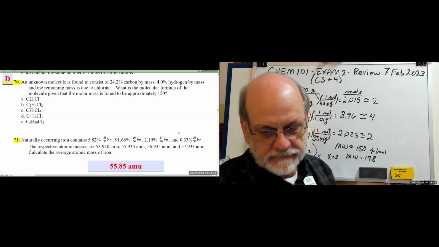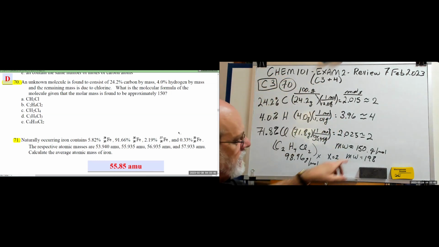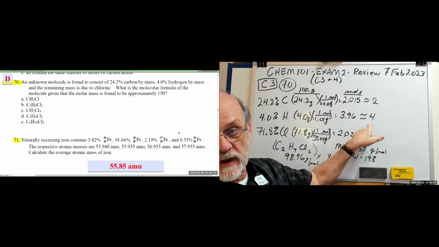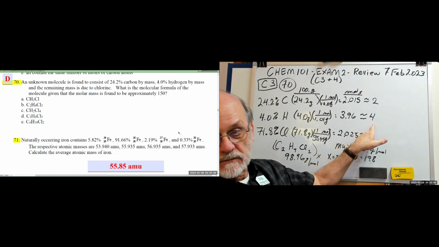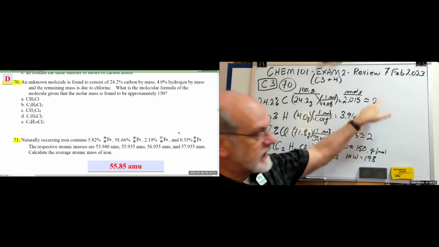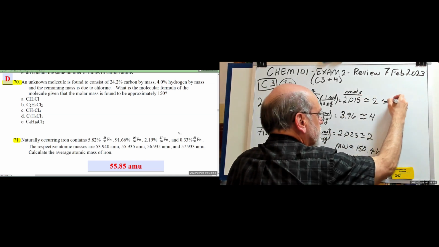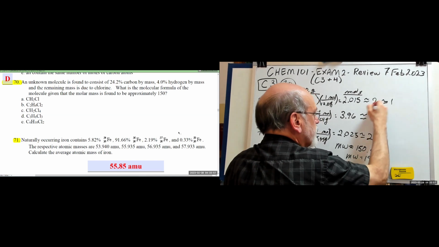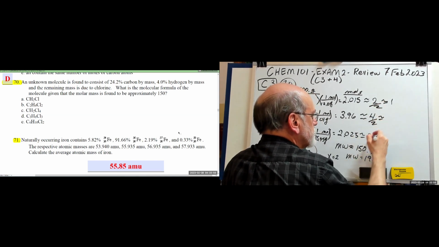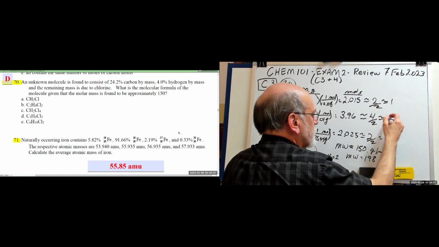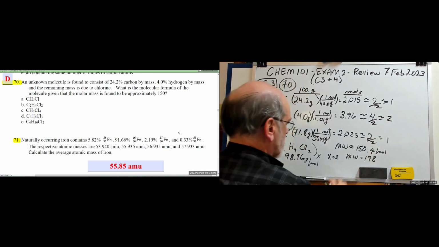Here's my mistake. This is not the simplest whole number ratio, right? Because we can divide everything through by 2. So it's actually divide by 2, divide by 2, divide by 2. This is 2 and this is 1.